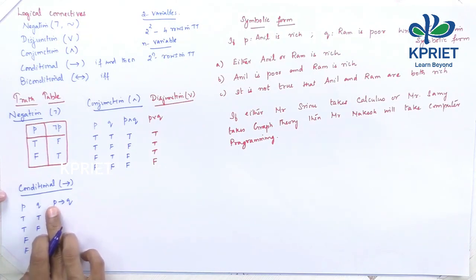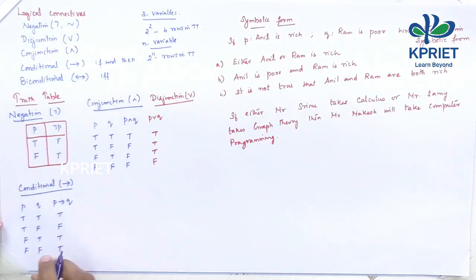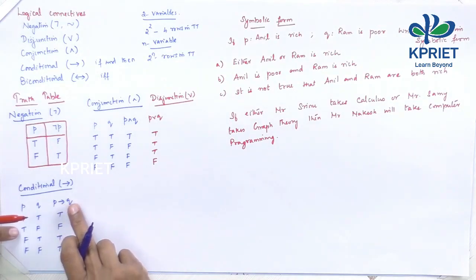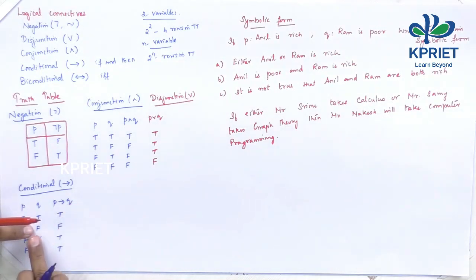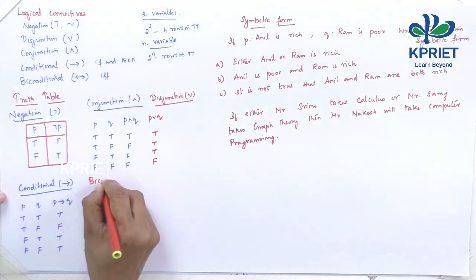If P takes a truth value T and Q takes a truth value F, then the resultant truth value of this statement will be F. Otherwise, it will be T. Understood? I repeat: if the truth value of P is T and the truth value of Q is F, then the resultant truth value will be F. Otherwise, it is T. So this is how we construct the truth table for the conditional connective.